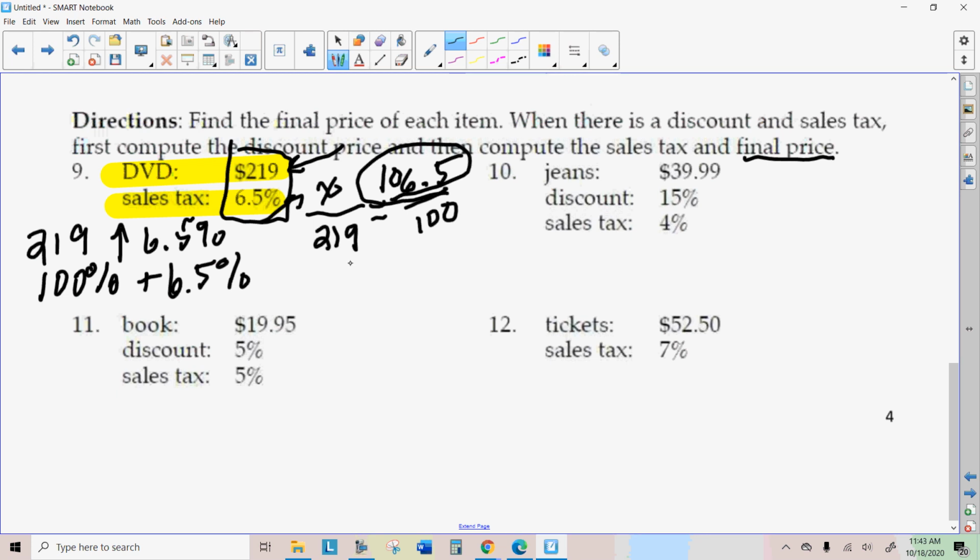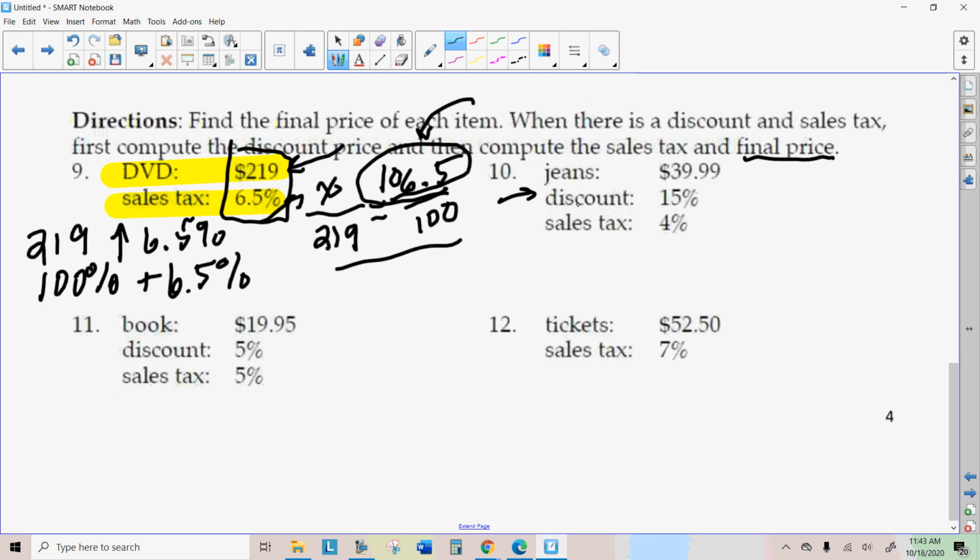Now when you calculate this proportion, you're going to get the 6.5% added on, so you won't have to do that extra step. Now it's important that you understand that, because sometimes you want to work backwards and figure out what the original price was, so you have to understand that the price includes the 100%. Okay? A similar thing works with discounts.